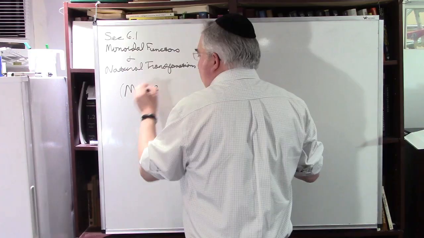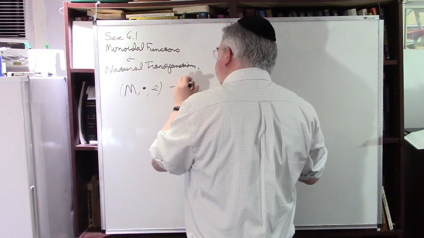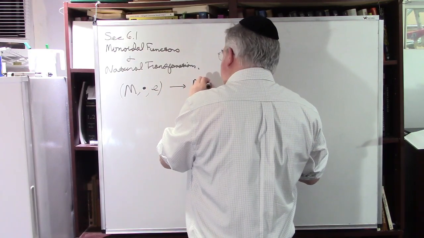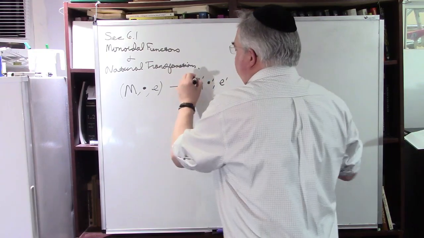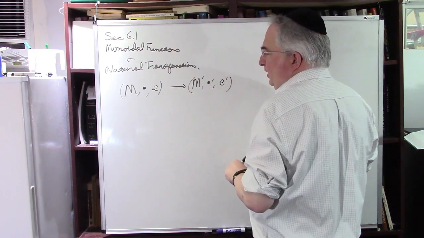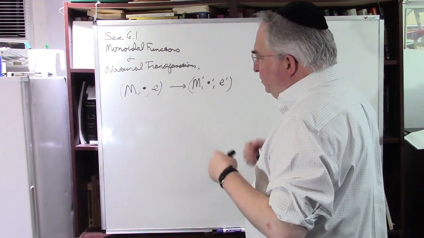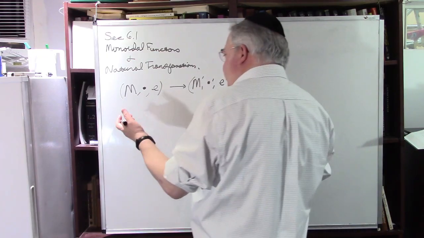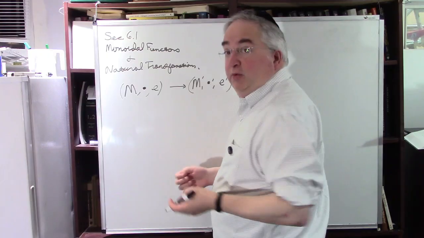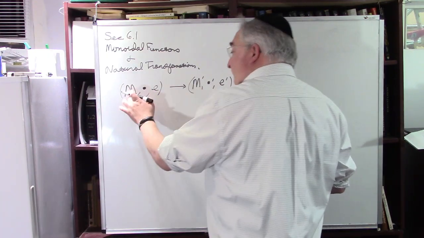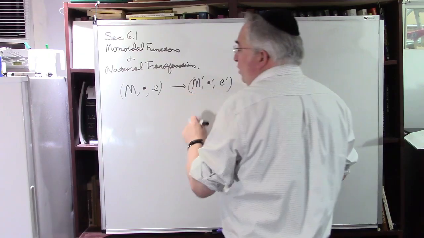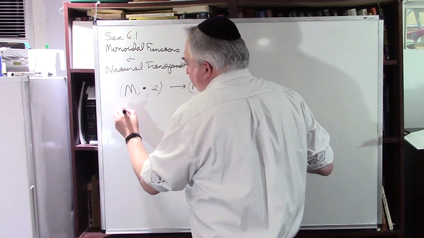And you have another monoid with another operation and another identity. So what do we demand? What is such a monoid homomorphism? Well, it's a function from this set to this set which satisfies the following two requirements.